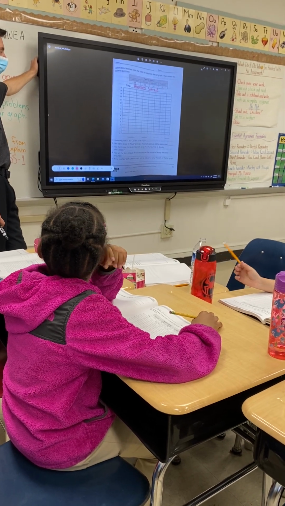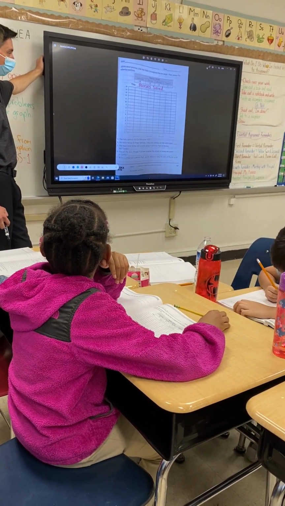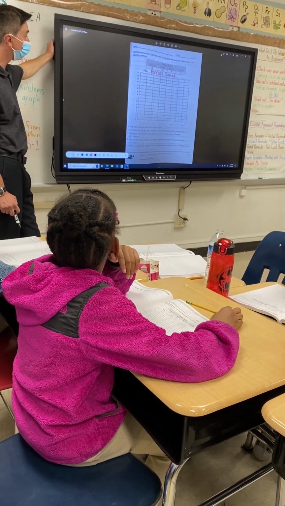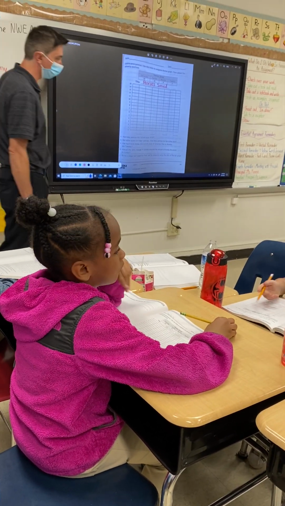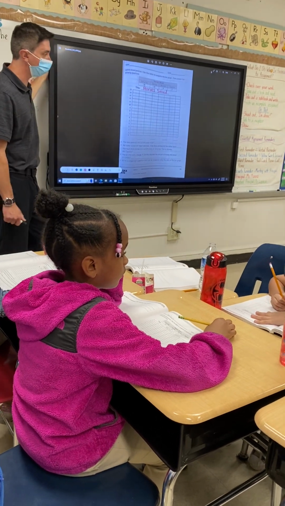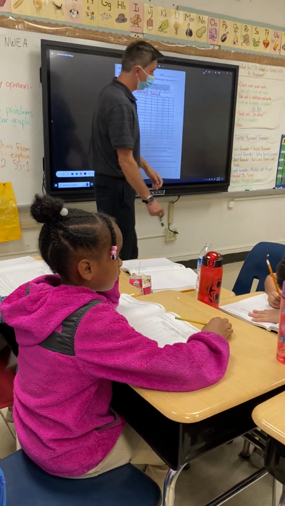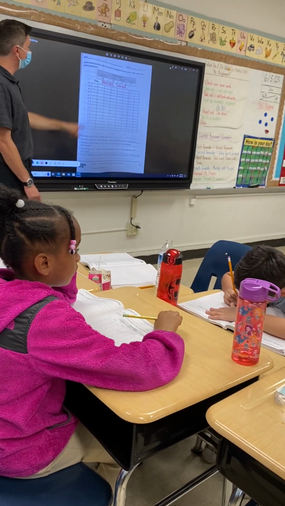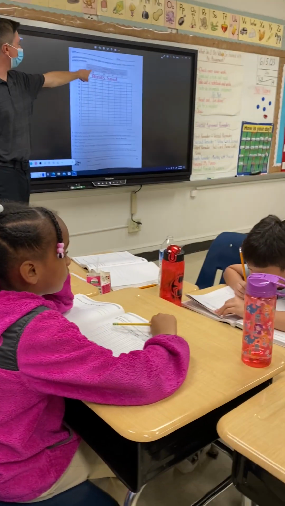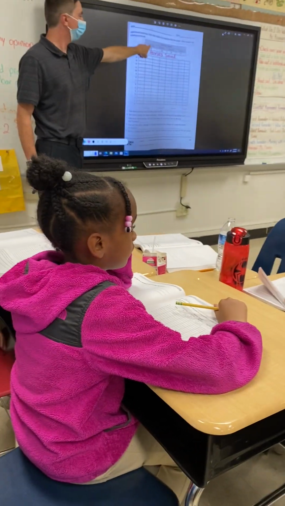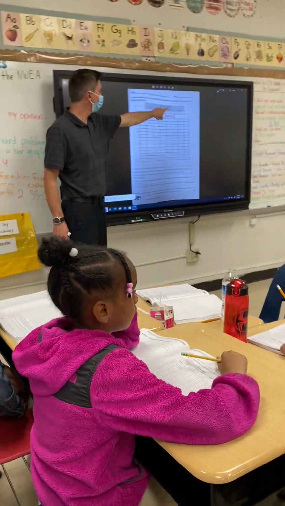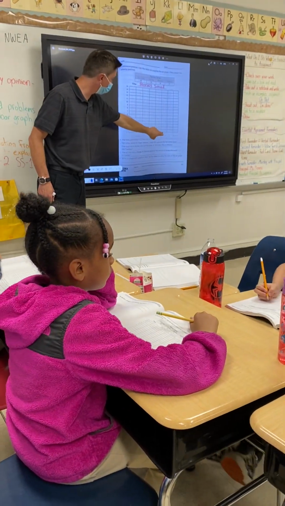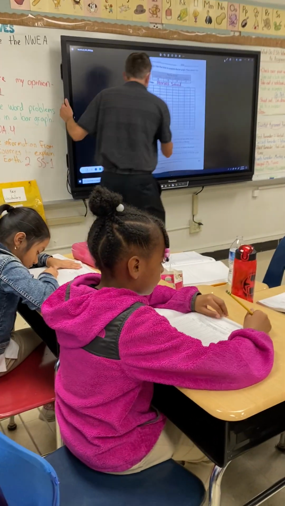Which words? That's on top of the numbers. Yep, and can you read those words for me? I'll give you a clue. They're days of the week. What's this first one? Sunday. Close. What day comes before Sunday? Saturday. Yeah, so Saturday, Sunday, Monday, Tuesday. Excellent. So everybody, we're going to write those words on these bottom lines right here.